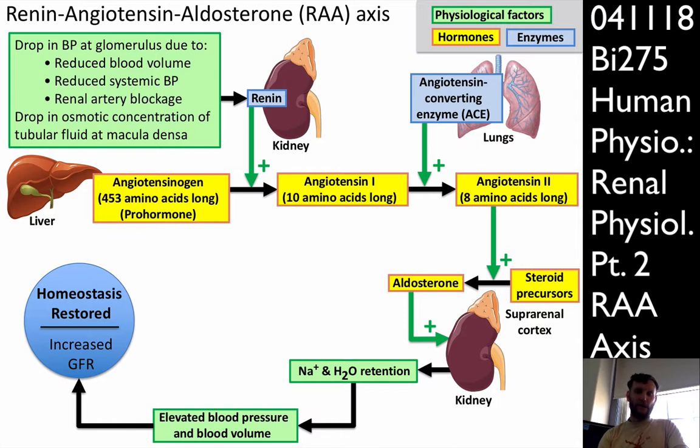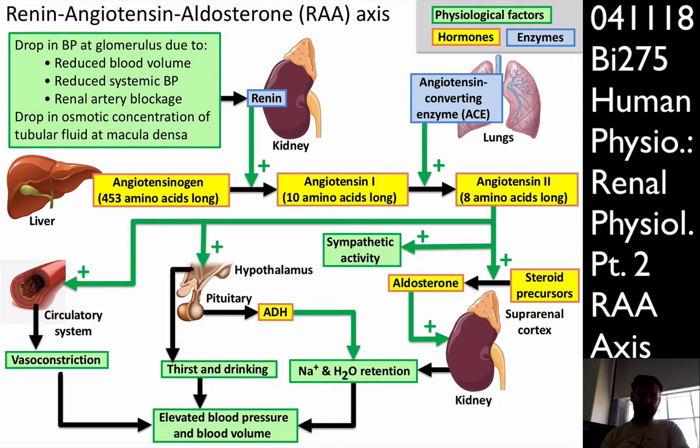All right, let's add. Angiotensin II is a dynamo. It does a lot of things. Here's some more of what it does. It is able to have a direct effect on the circulatory system. So we're going to move from left to right across these other things.